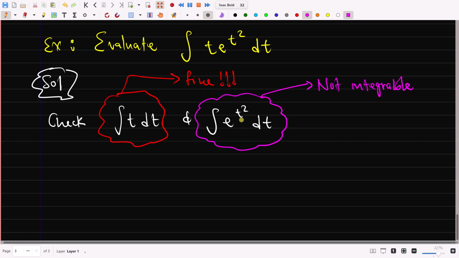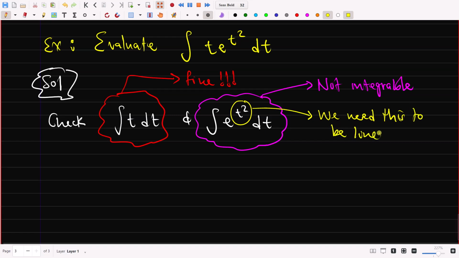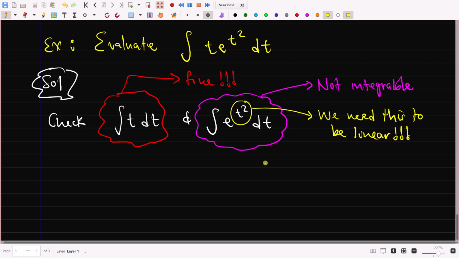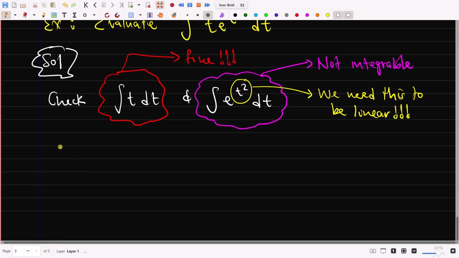And why do we say this is not integrable? There is a quadratic term here. What we usually need is a linear term here. Our rules allow us to do stuff when we have a linear term there. But since we do not have a linear term there, there's nothing that we can do.